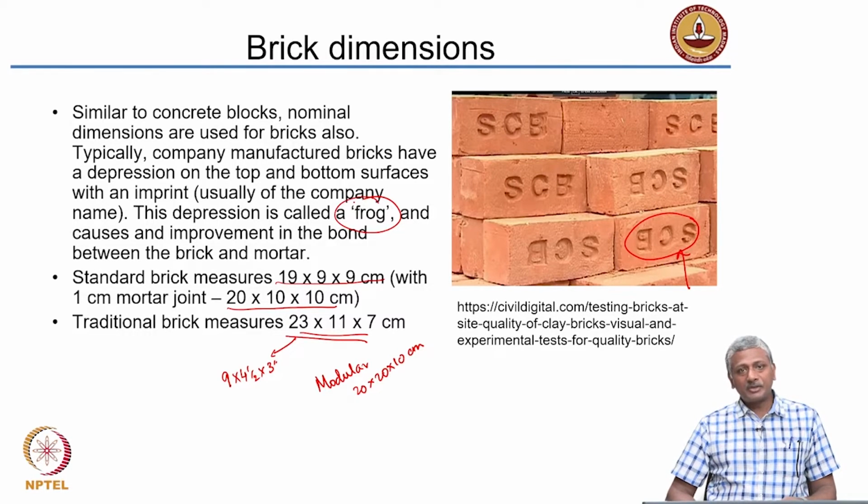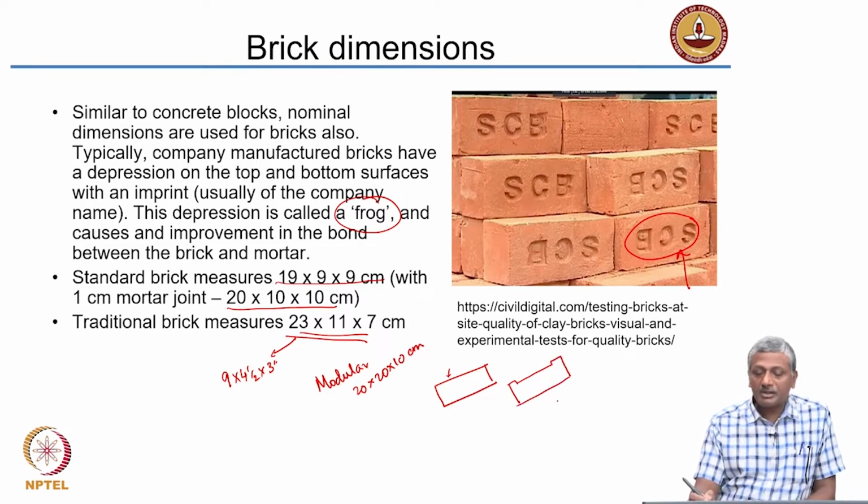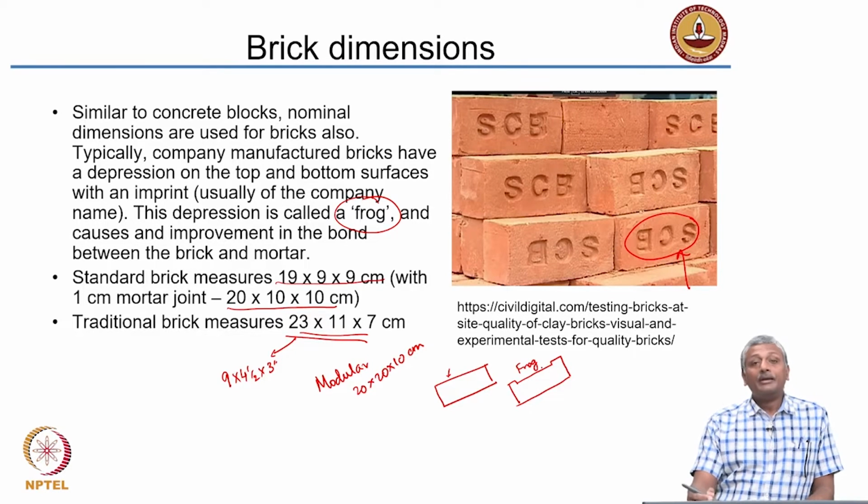In some other bricks, you may see that the top surface itself is not perfectly flat. On the other hand, it is somewhat like that. You have a depression like this on the top surface. That depression is called the frog, and it has an interesting need to be there also.